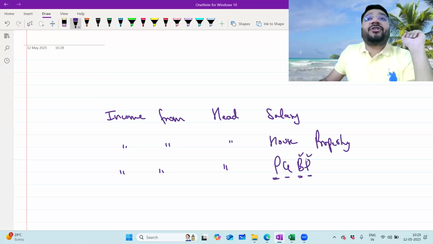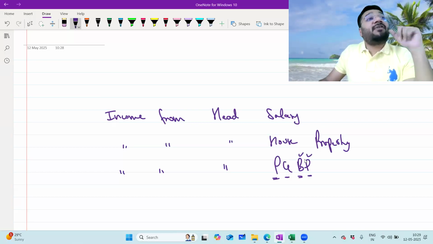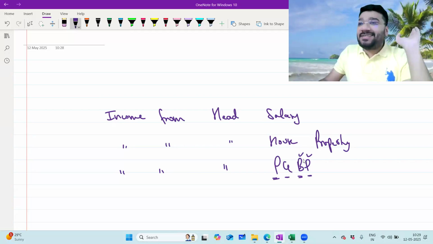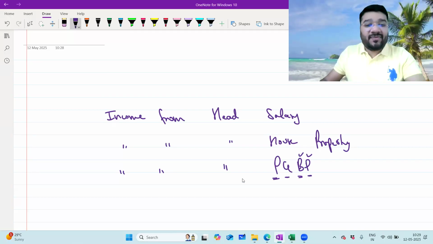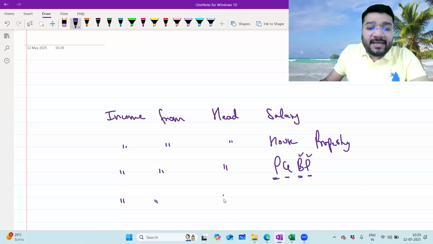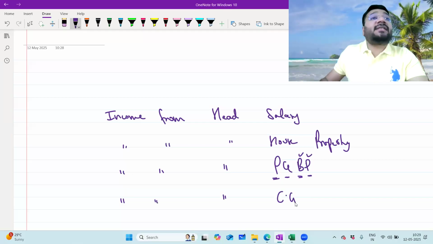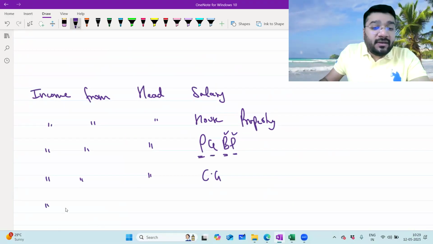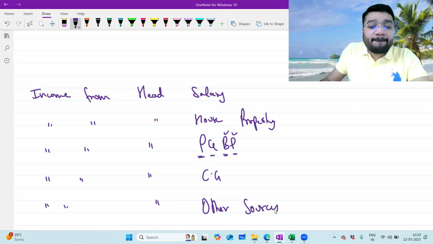On the business or profession. Service people are into profession. Buying and selling goods is business. Service is profession. Then income from the head capital gain. CG stands for capital gain. Income from the head other sources.